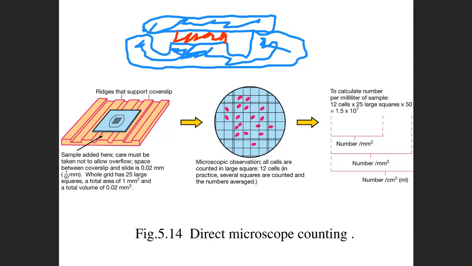So if you know the area, you know the height, what do you get? You can calculate the volume. And so this grid tells you, looking down, you can actually see how many cells in there, and you can convert that to the volume, and that's how you generate the cell concentration.